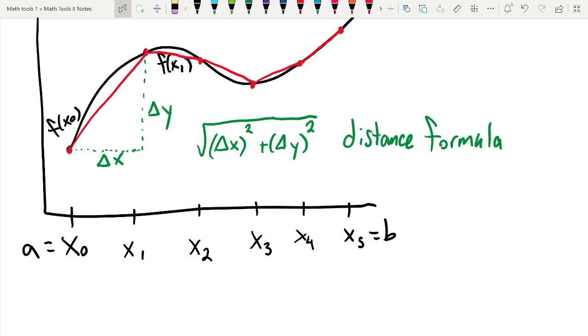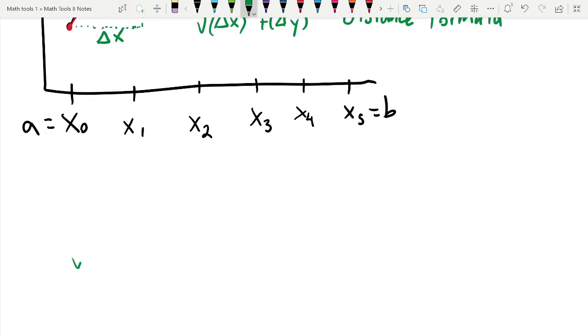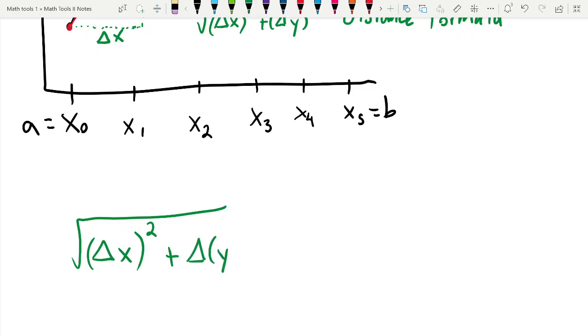So we want to focus on this quantity first of all. Okay, so let's go ahead. We'll come back to this. Let's just focus on this quantity first of all. We want to rewrite this a little bit. Okay, so we have delta x squared and delta y squared. And this gives us the length of each line segment. We can rewrite this a little bit.